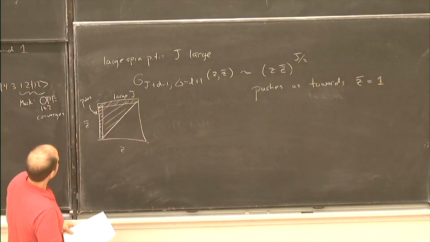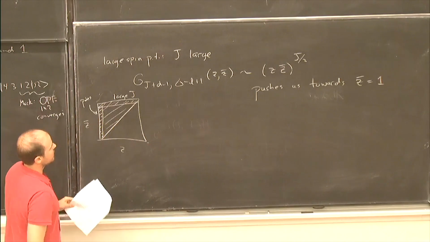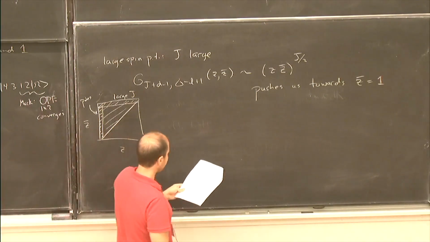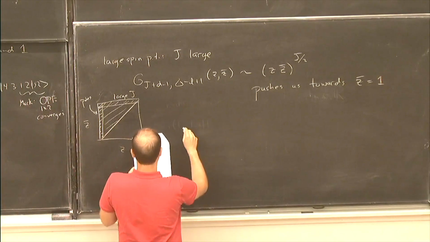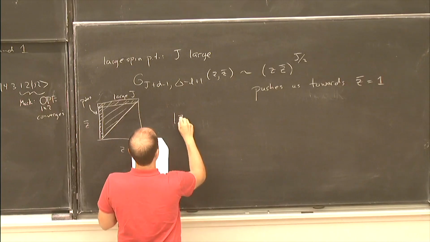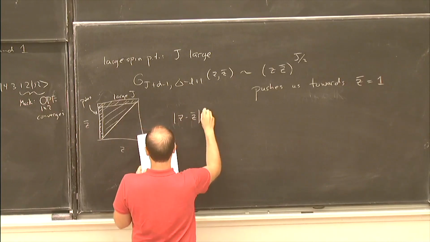Okay, so because poles are coming from this region of small z, we can use our light cone approximation for this conformal block. And let me include the measure factor from the inversion formula.